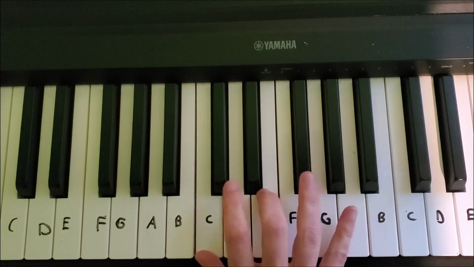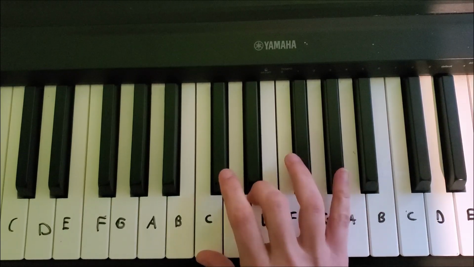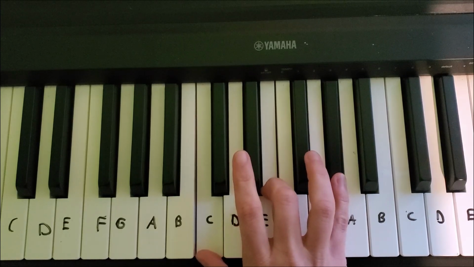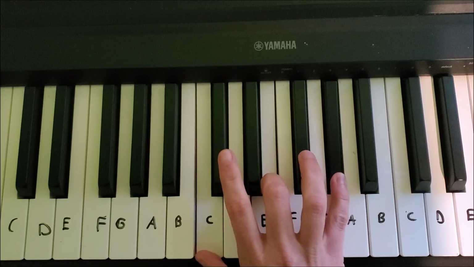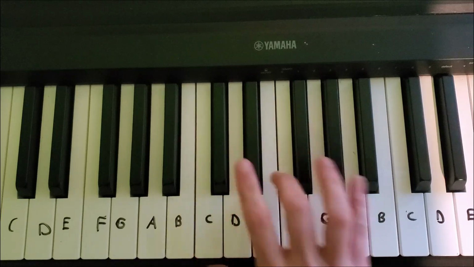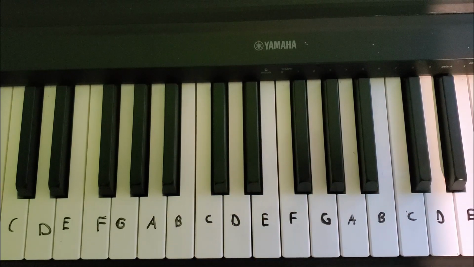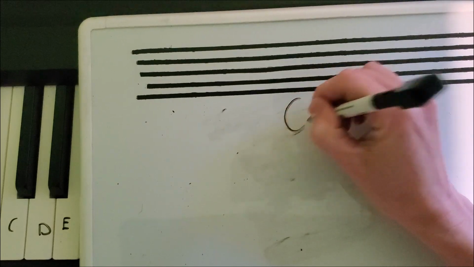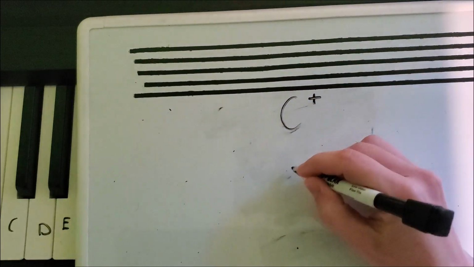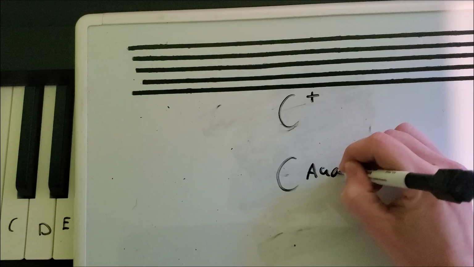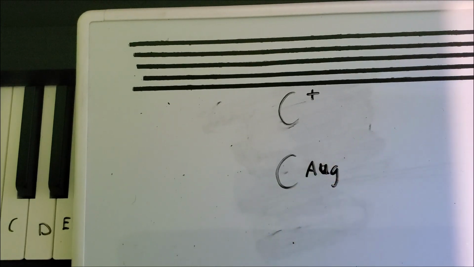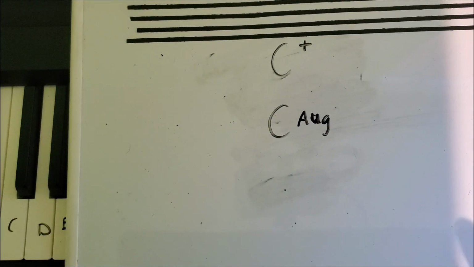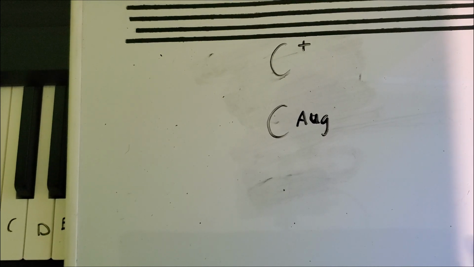So when we play these all together, that is our augmented chord or augmented triad. And if you were to see those written down, you might see a little plus sign or the symbol AUG. And that is what the augmented chord will be written as.